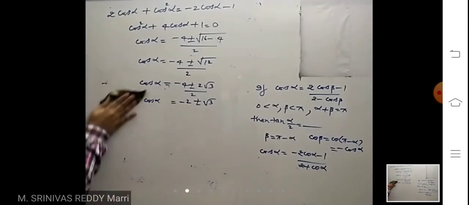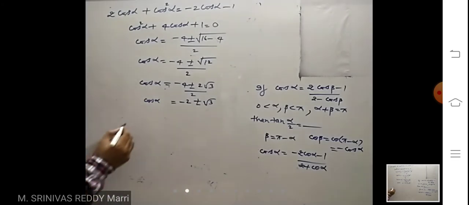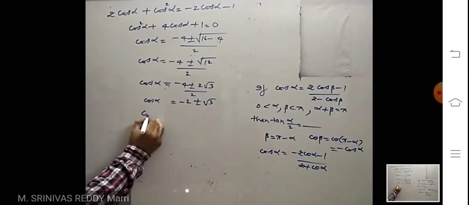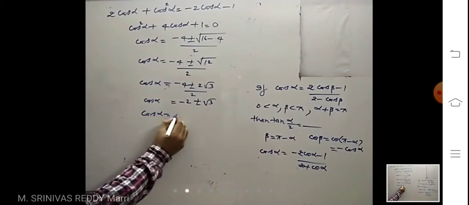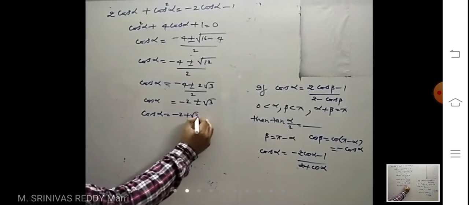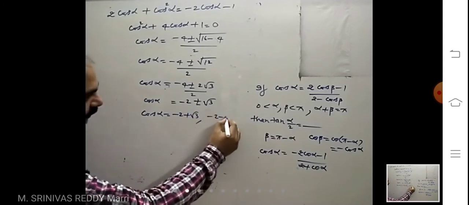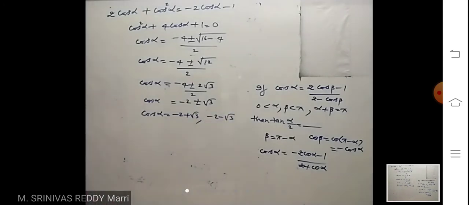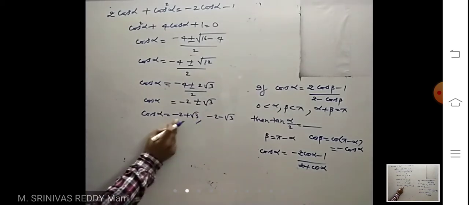Now you got the cos alpha values: minus 2 plus root 3, and minus 2 minus root 3. Both values you got. Now this value is less than 1.